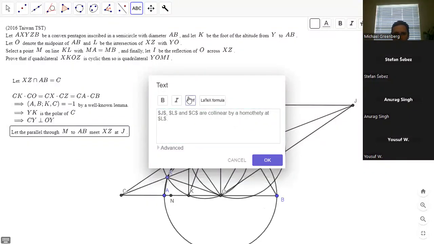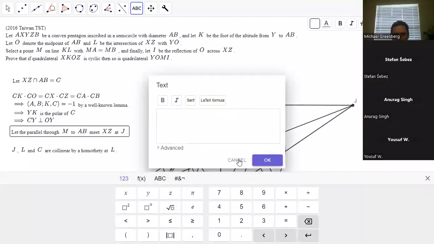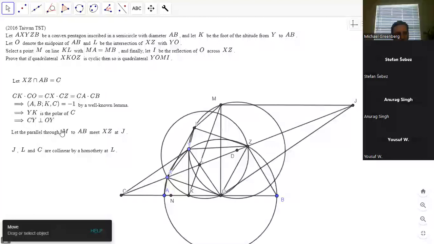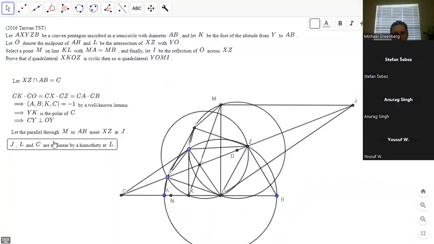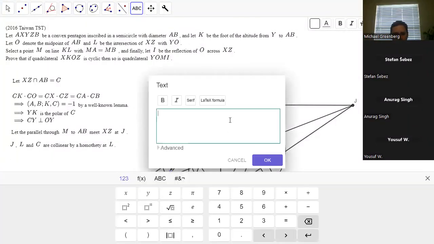All right. And then we let D, so first we define D to be the midpoint of CJ. Then DO equals DM, equals DI. I think that's what we saw.